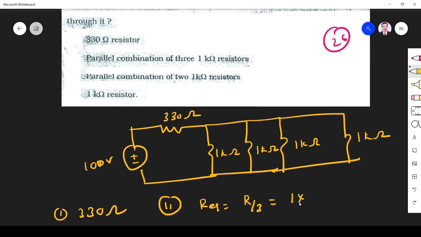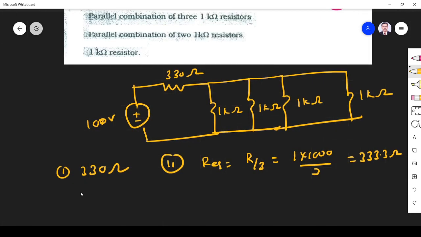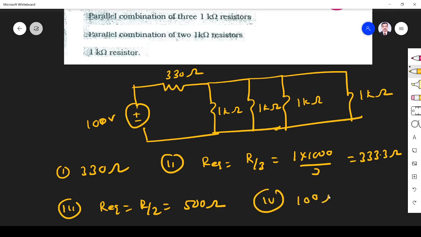So 1 into 1000 by 3 is 333.33 ohm. This is the second combination. Parallel combination of 2 1K, so R equivalent is R by 2, so 500 ohm. Fourth one, 1 kilo ohm, that is 1000 ohm.